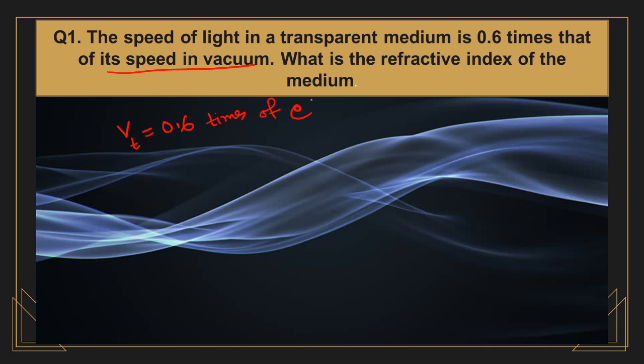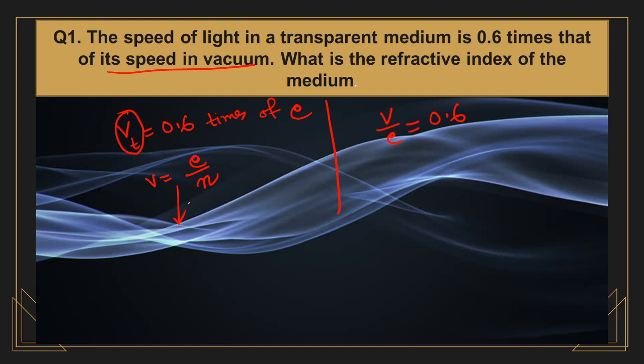Clear? Now speed in any medium, we know, is the velocity of light in free space or in vacuum divided by refractive index. Clear? Or we can say, according to the given question, v by c equal to 0.6.